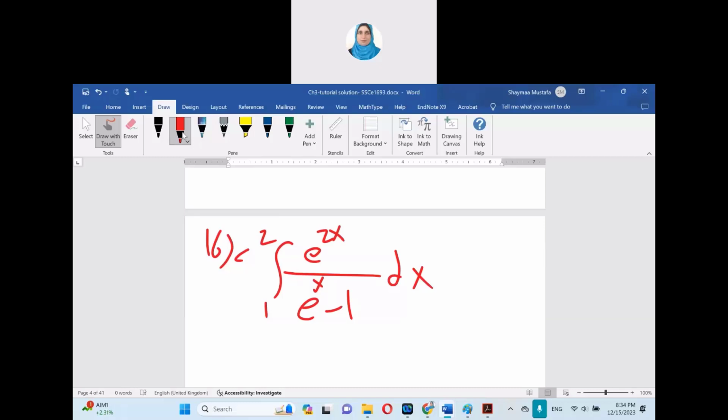Yes, e to x over e to x minus 1. So for this question, we can take u equal to e to x minus 1, then du will be equal to e to x dx.